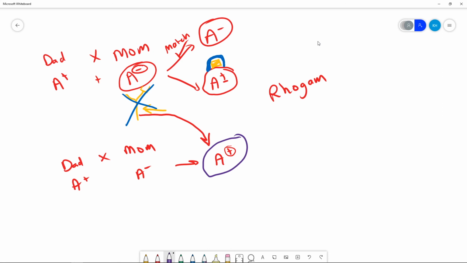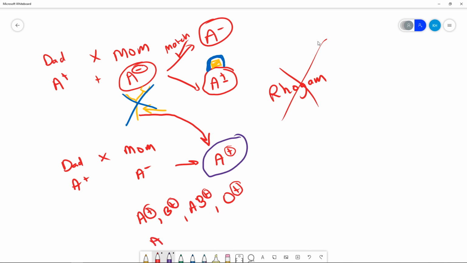Now, I should mention that if the mother was any of the positive blood types, A positive, B positive, AB positive, or O positive, then there's no need for a Rogam shot because she's got the D antigen, so she would never make the D antibodies.